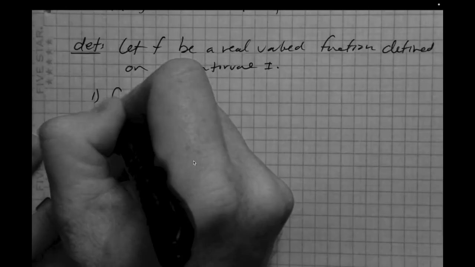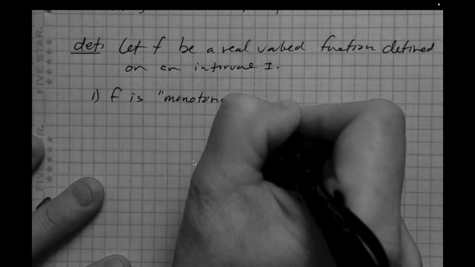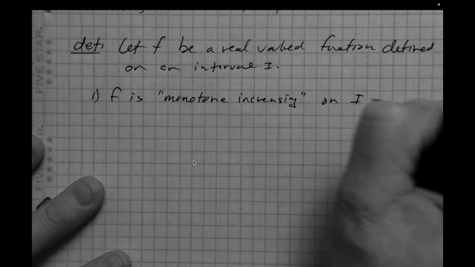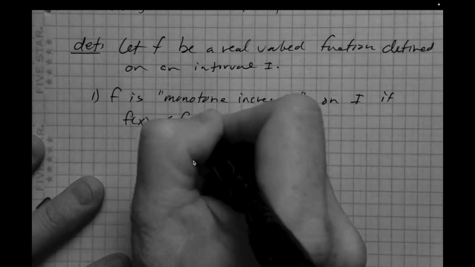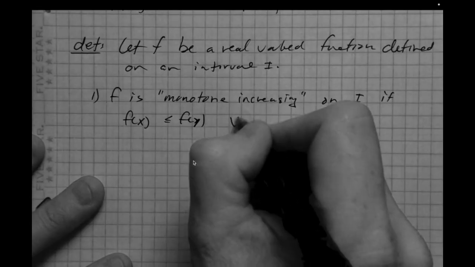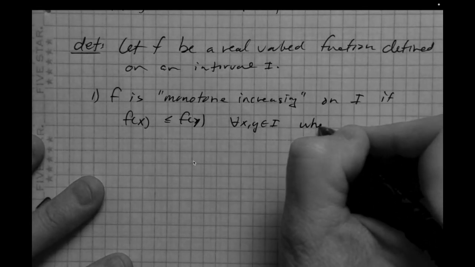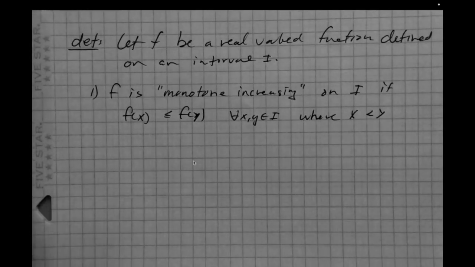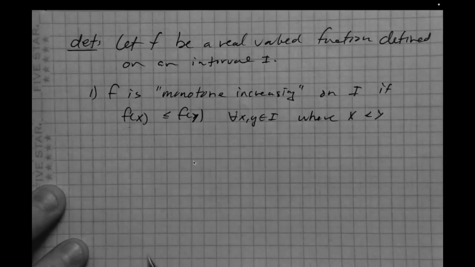We say f is monotone increasing on I if f of x is less than or equal to f of y for all x and y in the interval where x is less than y. So if x is less than y, then f of x needs to be less than or equal to f of y.